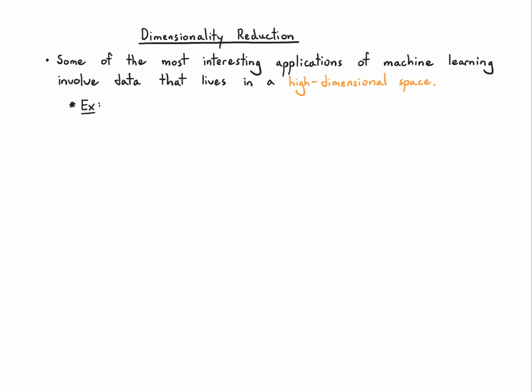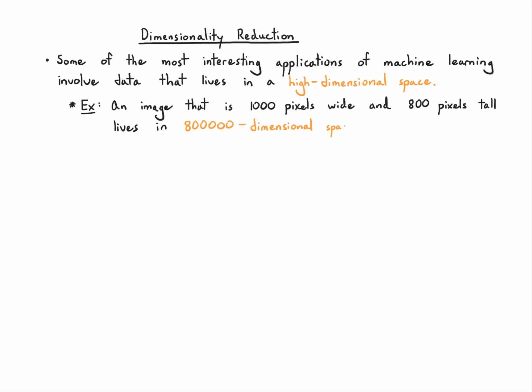So consider an image that's 1,000 pixels wide and 800 pixels tall. This isn't a very large image by modern standards, but there are 800,000 pixels, so it lives in an 800,000 dimensional space. And what can happen is that we may not have that many examples. We might have a lot of examples, but maybe not 800,000 or 80 million.